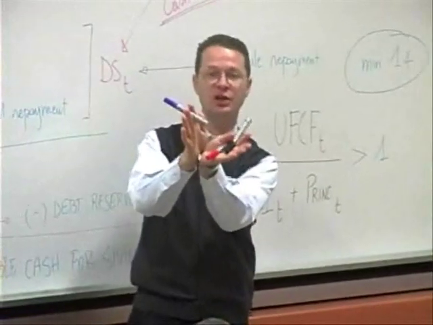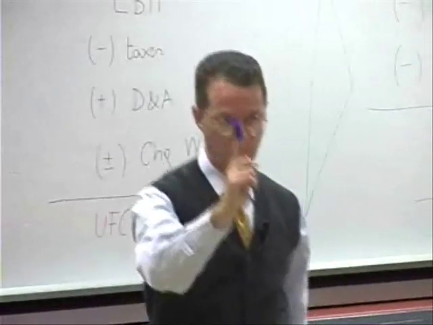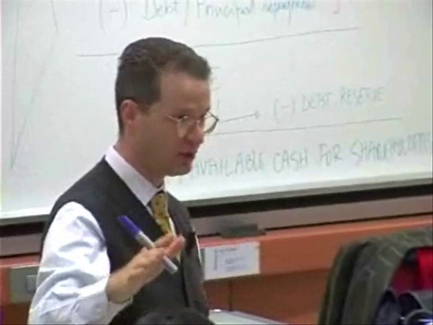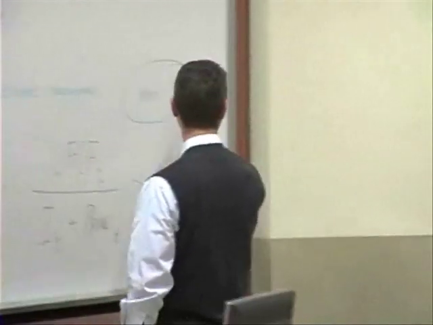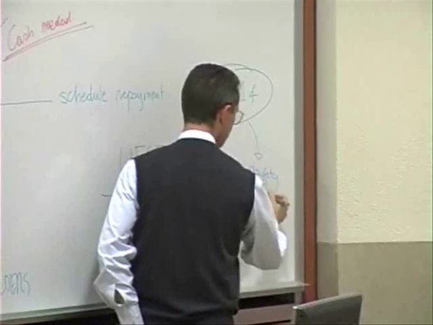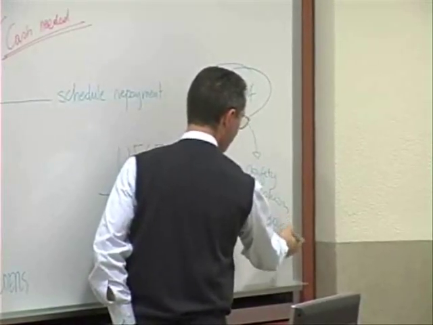They want a safety cushion of 40% more. 1 euro of debt service plus 0.4, 40%, is 1.4. The idea is, with a minimum of 1.4, I ask a safety cushion of 40% more unlevered free cash flow.